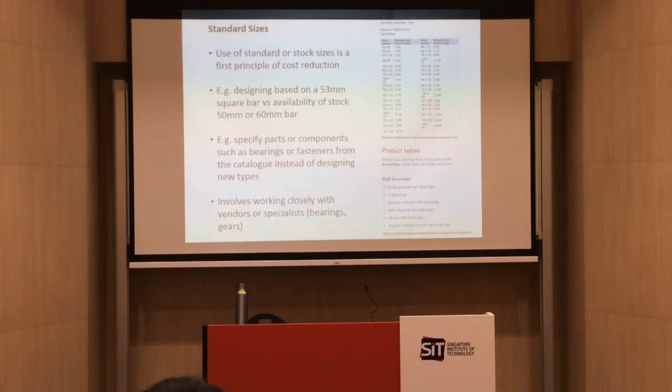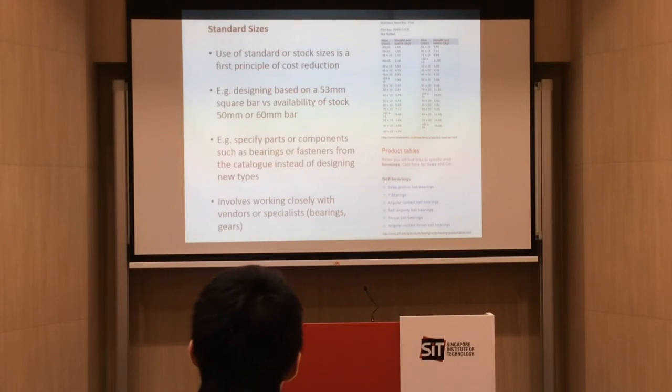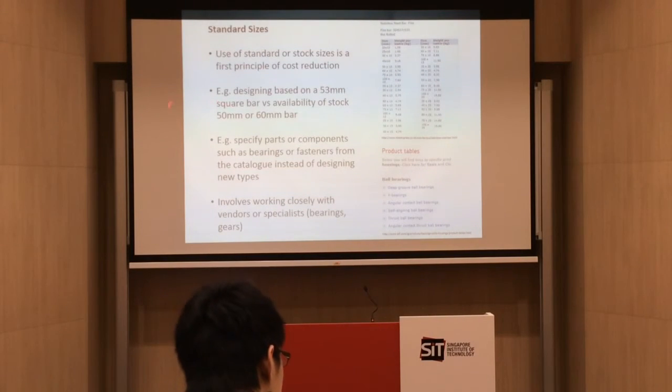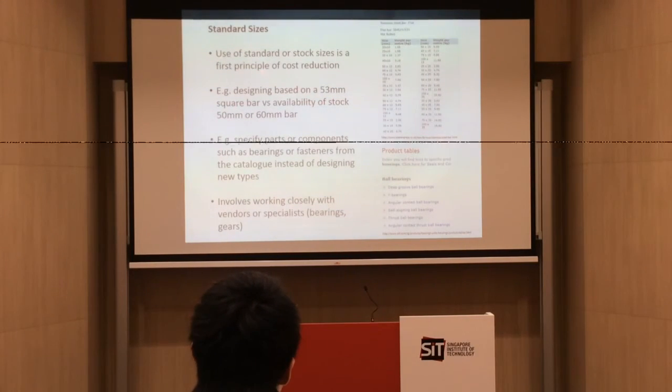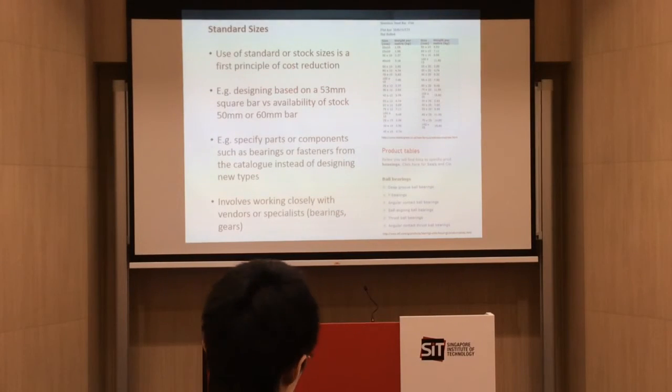For example, if you're going to design your shaft, you find that you need a 53mm shaft. You'll see whether you have 50 or most likely 60mm bar or cylinder, so that you can machine it down to 53. So this is your standard bar. You will not necessarily choose something that is strange.